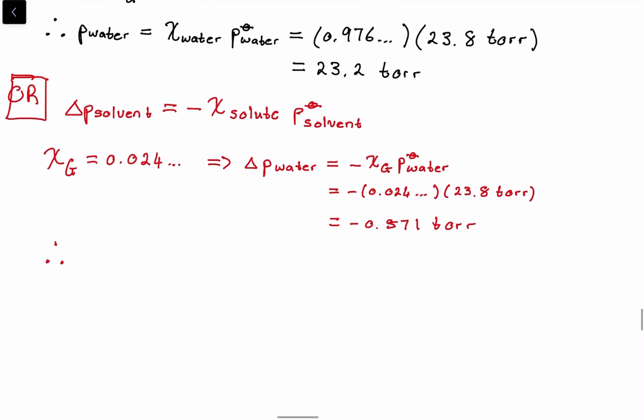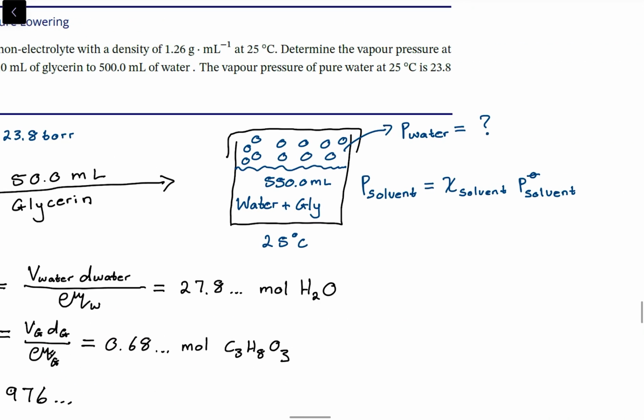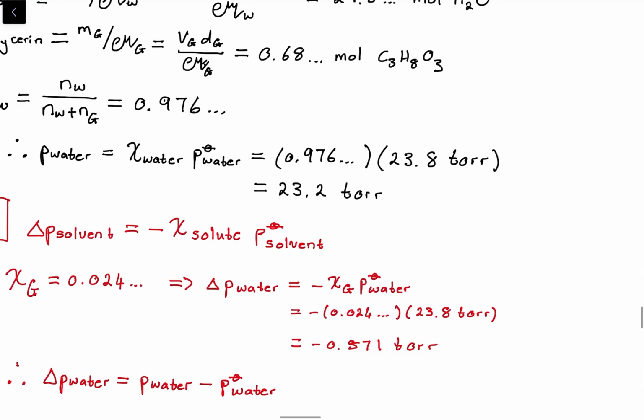And hence we know that the change in vapor pressure should be equal to the new vapor pressure, after mixing, minus the vapor pressure before mixing, which will be the standard vapor pressure. So that's what we wrote on top here, the standard one and the new one.